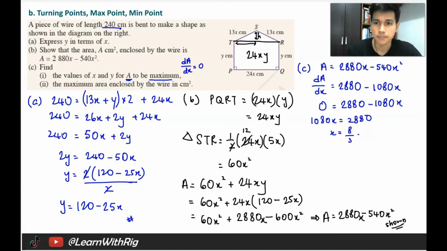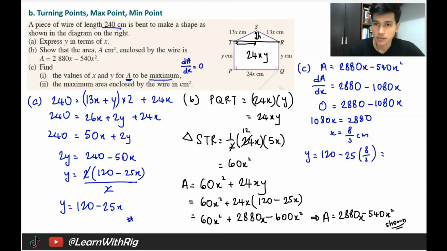The unit is cm. You can write a mixed fraction, it's fine, but I'll leave it like this. After that, you want to find the y value, correct? You already have the equation here, so you just substitute into that equation. So y equals 120 minus 25x, and x is 8/3.